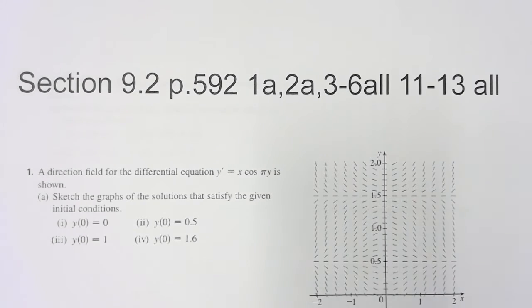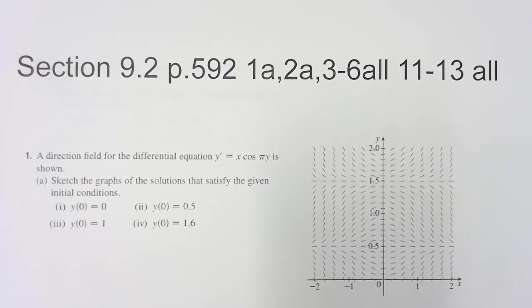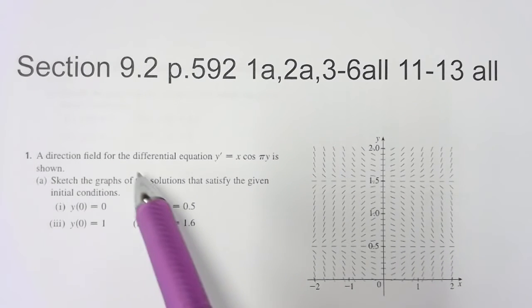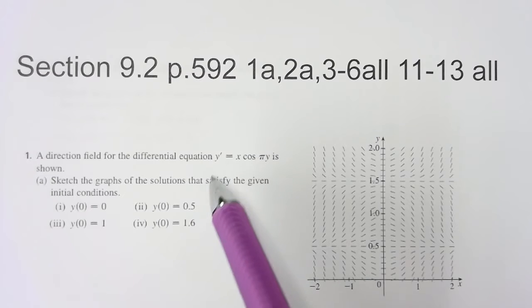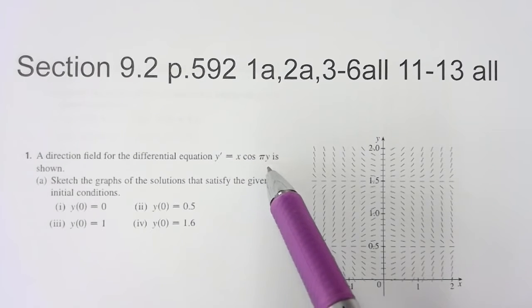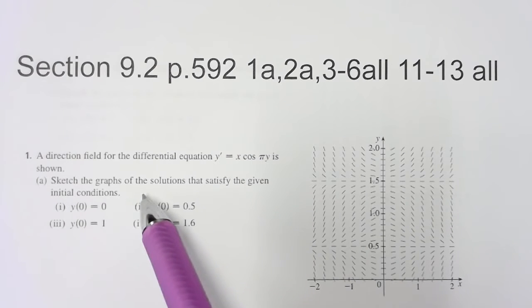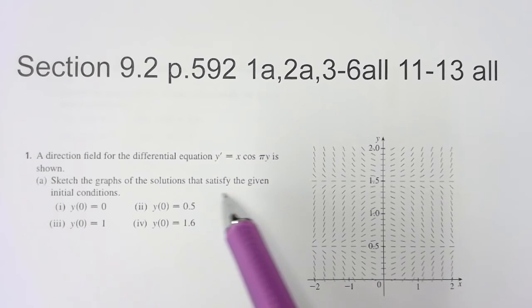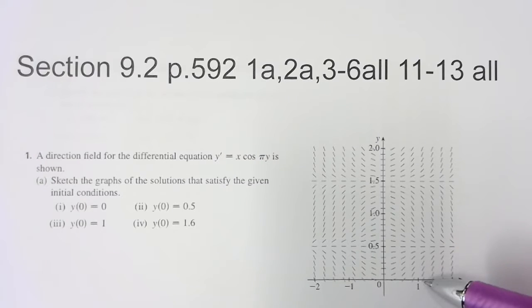All right, so now we're just drawing the different slope fields. It says a directional field for the differential equation x cosine pi y is shown. Sketch the graphs of solutions that satisfy the given initial conditions. So you can kind of see how this is periodic.